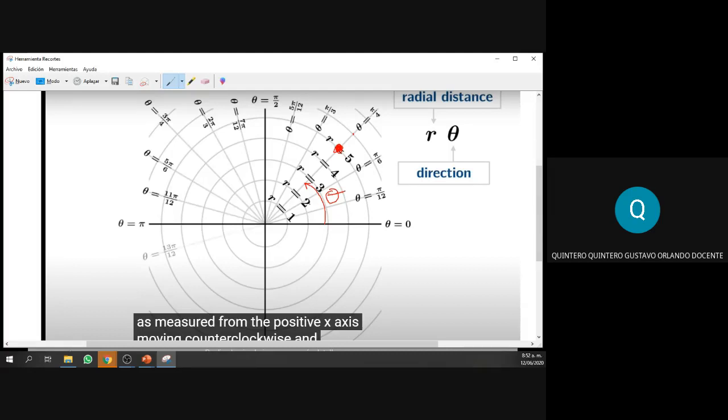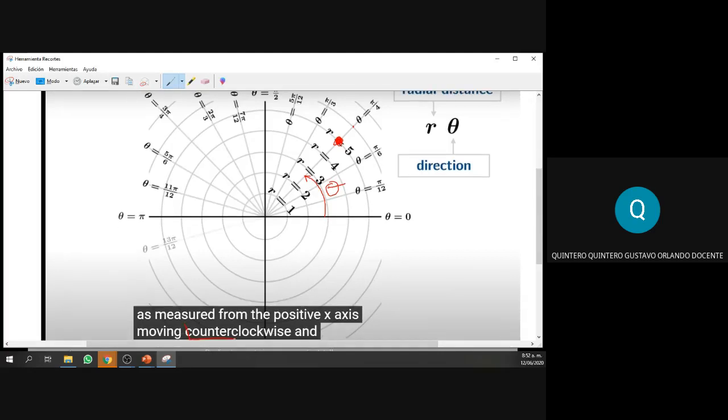counterclockwise. This word counterclockwise makes reference to going in the opposite direction of the clock. Now, I know a lot of you don't have a usual clock. You have your cell phone, and that is where you look at the time. But in a regular clock, the hands of the clock move in this direction, called clockwise because they move in the direction of the clock.